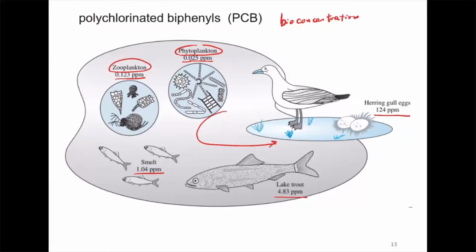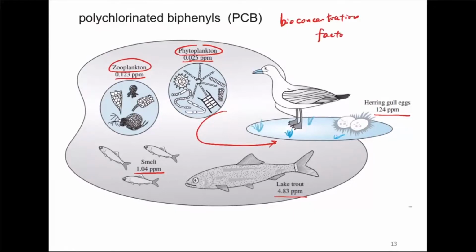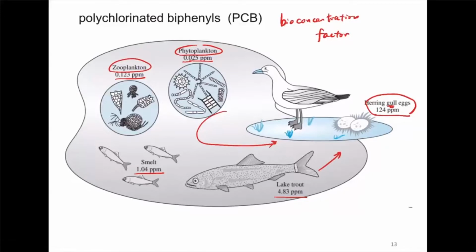People also design a factor called the concentration factor or the bioconcentration factor, which is basically just the concentration divided by the original concentration. For example, for the bioconcentration from the trout to the bird, the bioconcentration factor is just 124 ppm divided by 4.83.